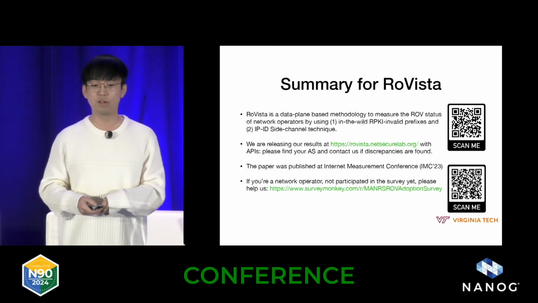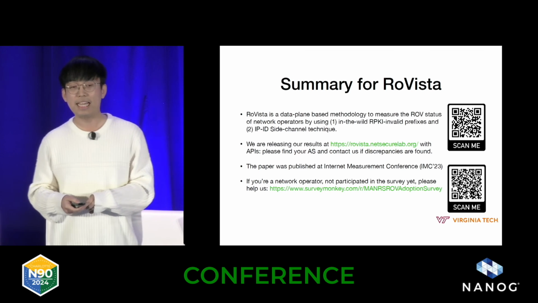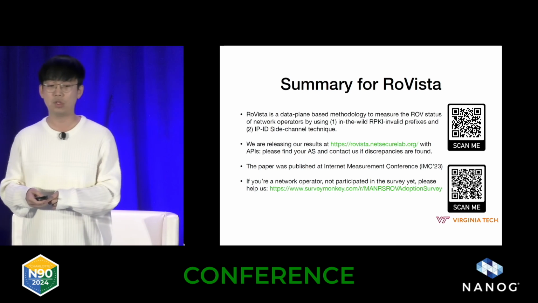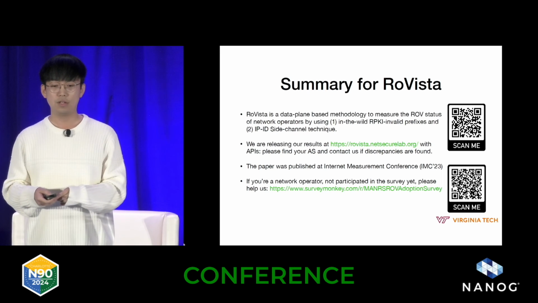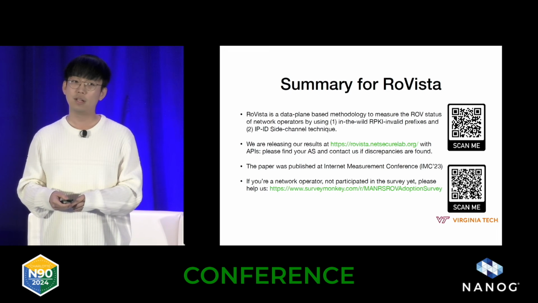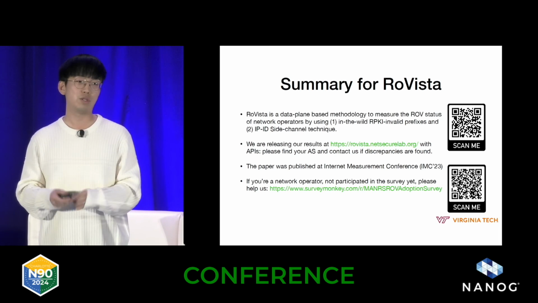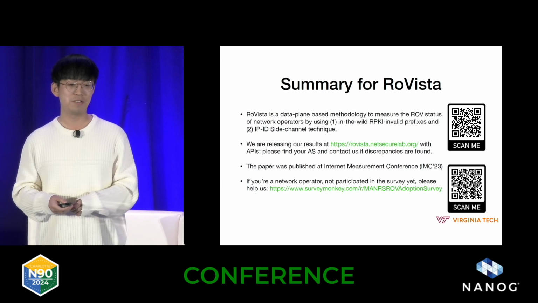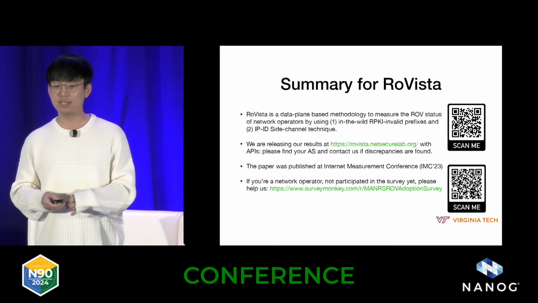So here's the quick summary. RoVista is a data plane, not a control plane, based methodology to measure ROV status using in-the-wild RPKI-invalid prefixes. We are poor network researchers. We don't own any IP prefixes, and we are using IP ID side channels. We are releasing our results through this URL API.